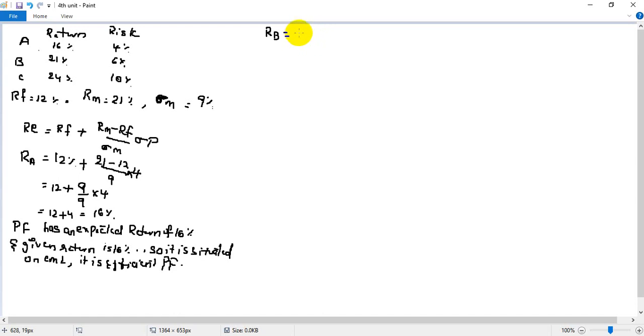So RF is again 12% plus RM is 21 minus RF is 12, divided by 9 into the standard deviation of B, which is 6. That only will be changing, the remaining things will remain the same. So 12% plus 9 by 9 into 6. So this will come to 18.